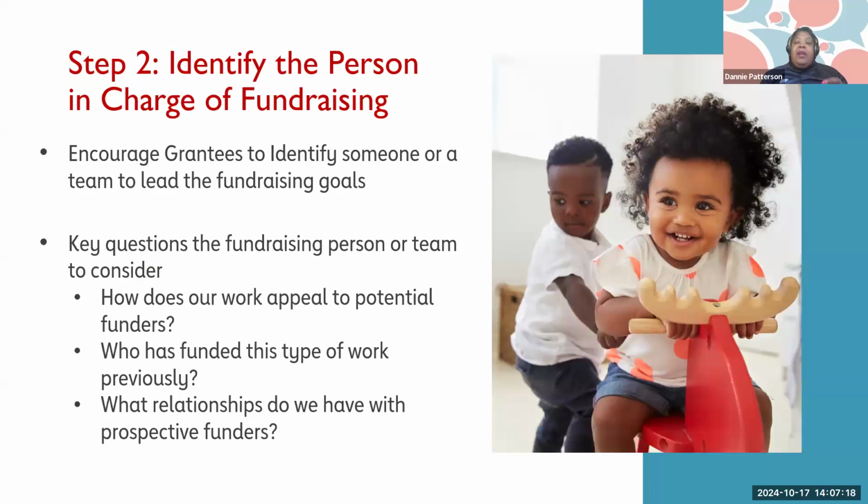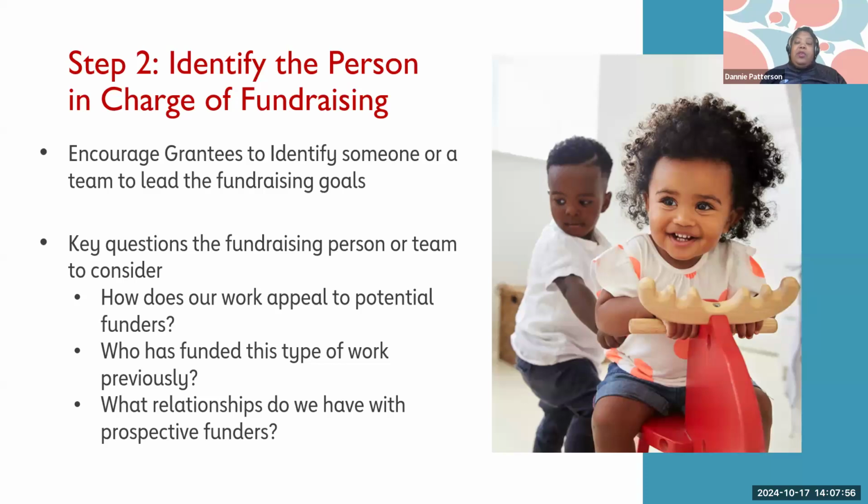So the other thing you have to do is certainly identify the person or team in charge of fundraising. When you do that, it really helps because that person will be able to make sure that the organization or the campaign stays on top of their fundraising goals. And when we talk about the fundraising person, it may, if you have a larger organization, be the development person, or if you have a smaller organization, it could be the coordinator in charge of a program or a policy campaign.